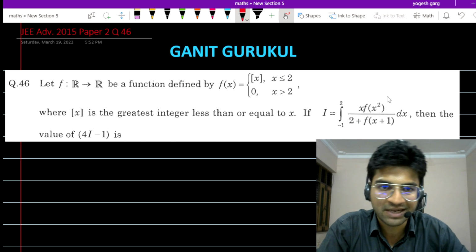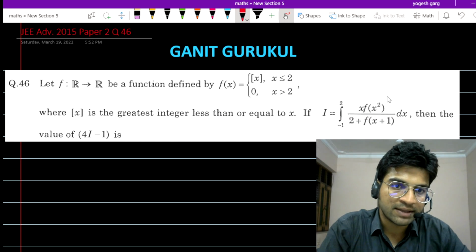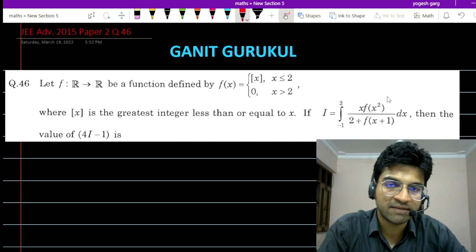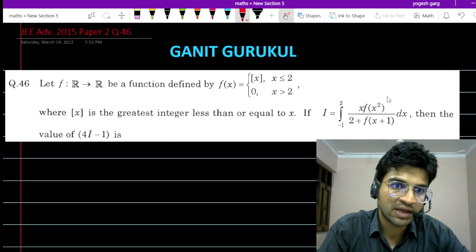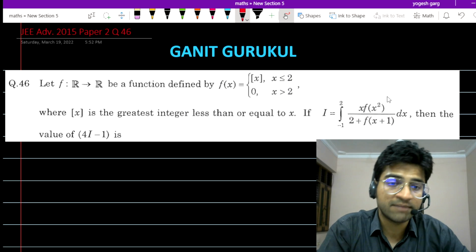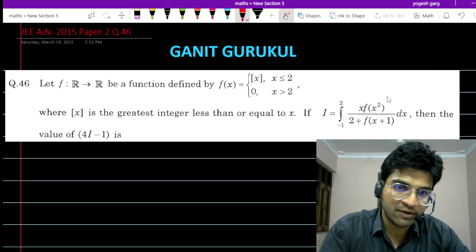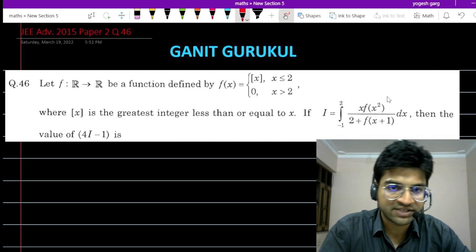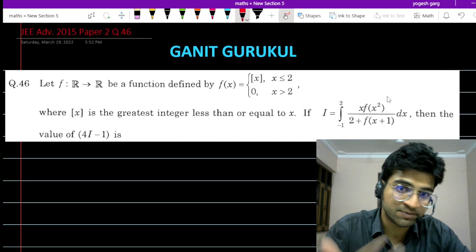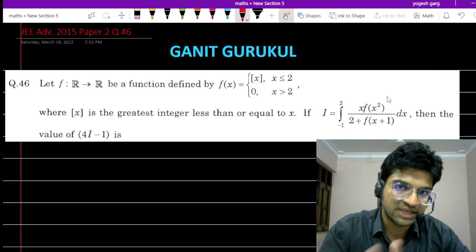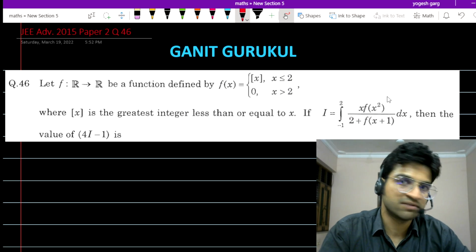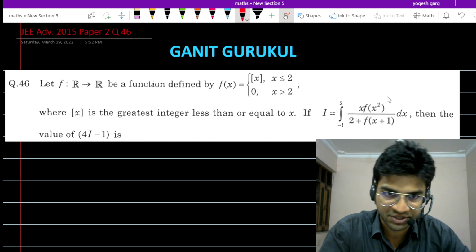We have to see what the nature of f(x) square is if x is between minus 1 and 0, between 0 and 1, and between 1 and 2. So we have to split this expression. There is no other way out.